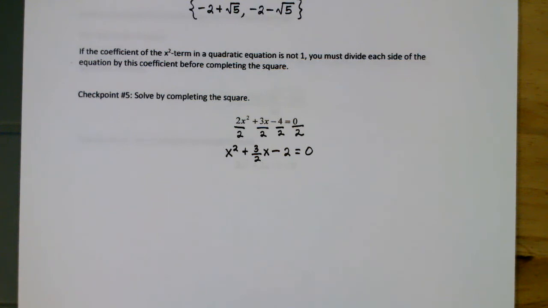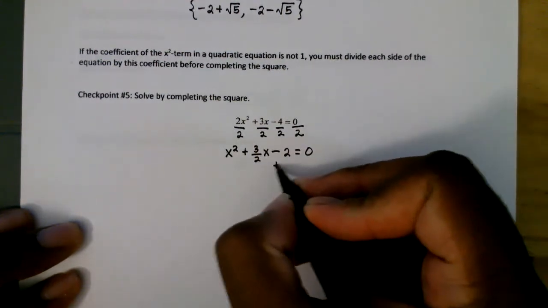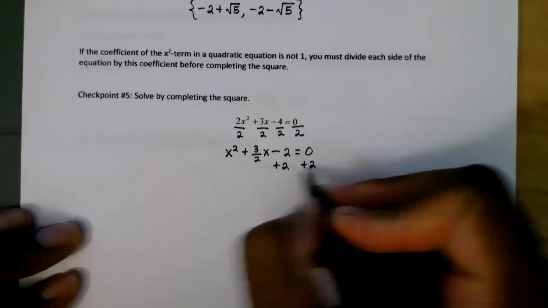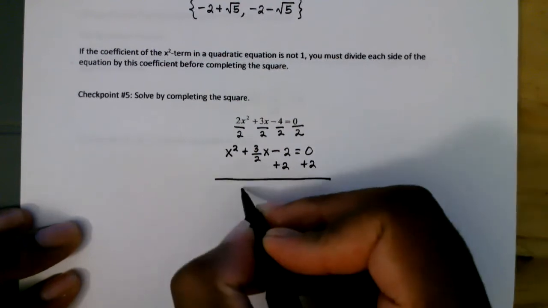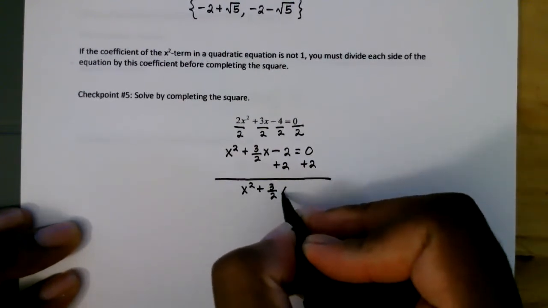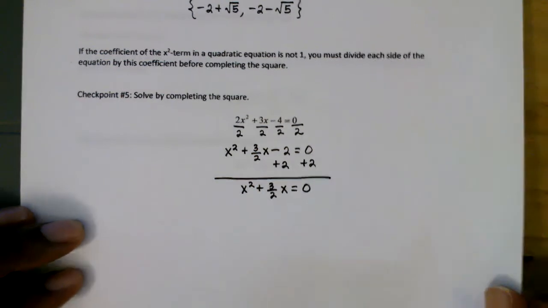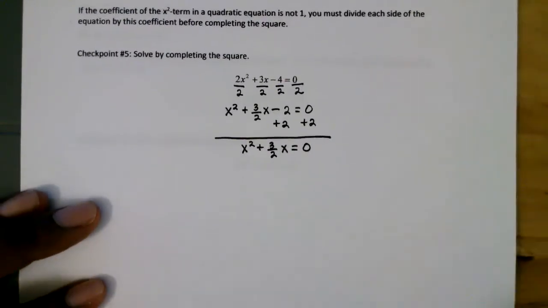Now, I need to isolate all the variables that have an x in it on one side and the constant term on the other side. I need to move the -2 over to where that 0 is by adding 2 on both sides. That means x squared plus 3/2 x equals 2. And now we can complete the square.